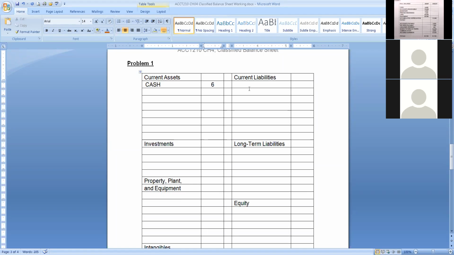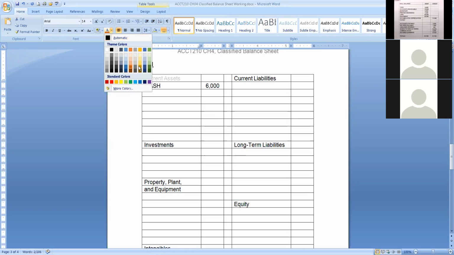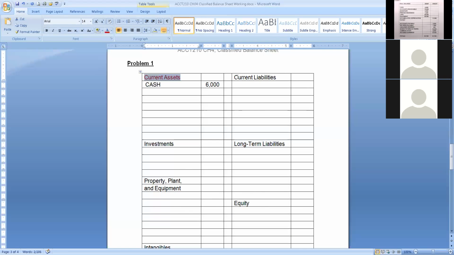So 6,000. Accounts receivable, yep, 10,000.